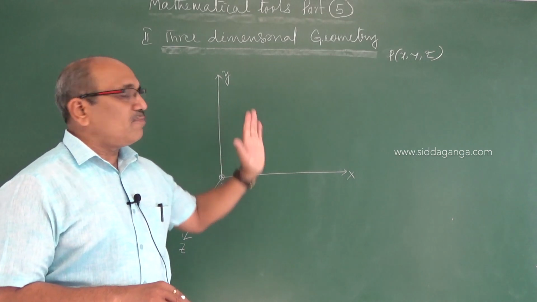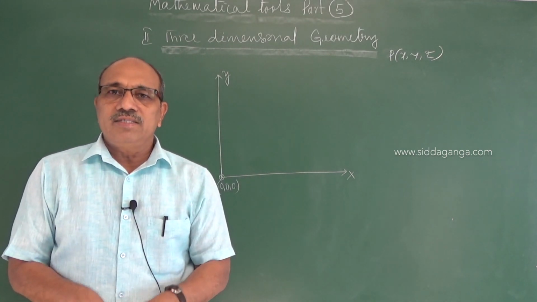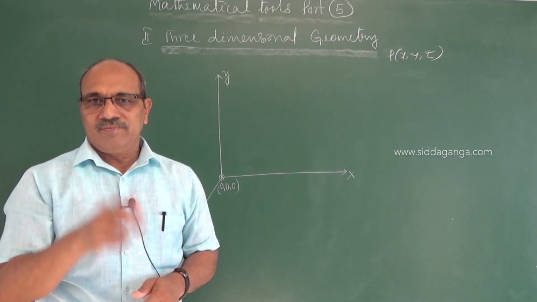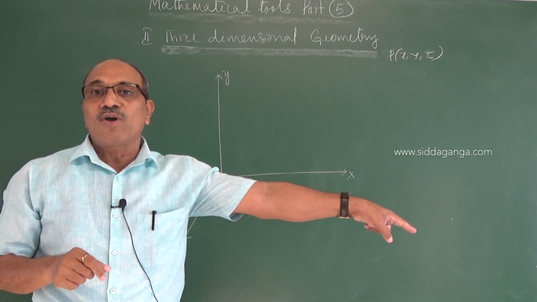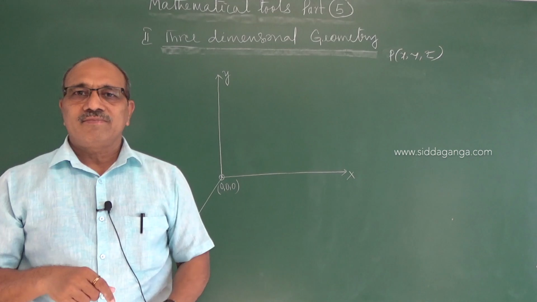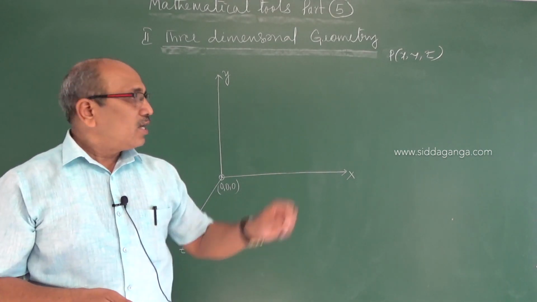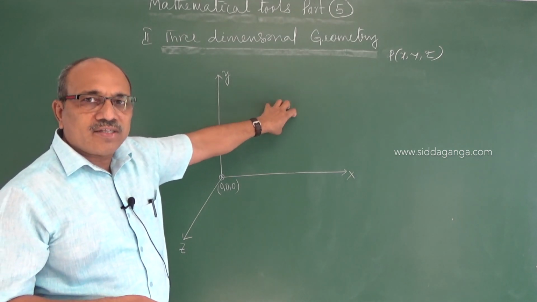Any point written parallel to y but perpendicular to the xz plane gives the y coordinate. Say a fan is hanging and running, and I want to fix the position of the point with respect to a chosen corner of the room as the origin, where x and z start. I am doing the same job. There A may be the fan hanging point, and I have to locate it.